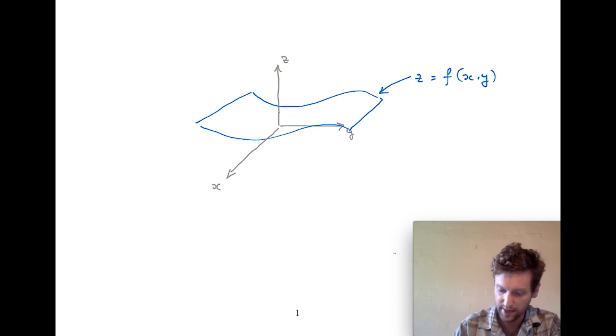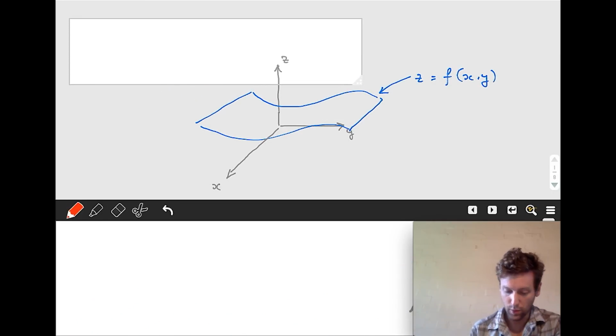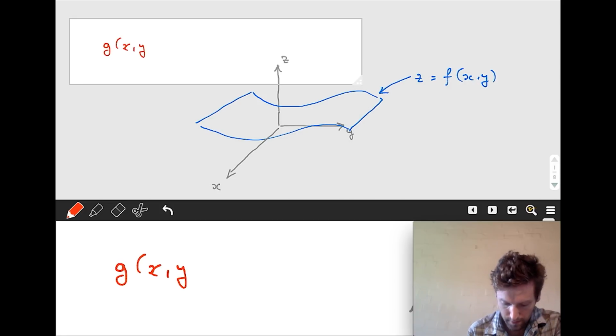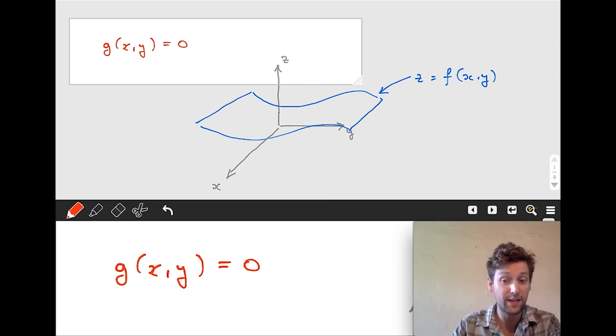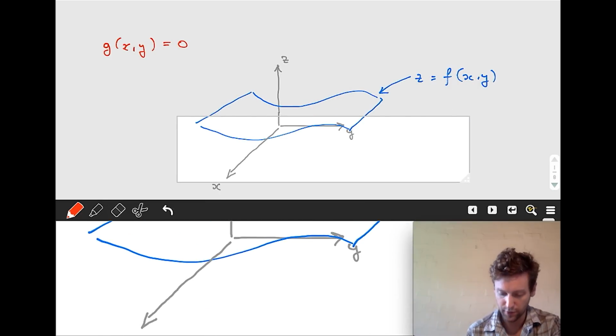We're going to express it as an equation. The equation is going to be given by g of x and y is equal to 0. Now that's an expression relating x and y. In other words, it's a line in xy space. I can express that in terms of a curve.